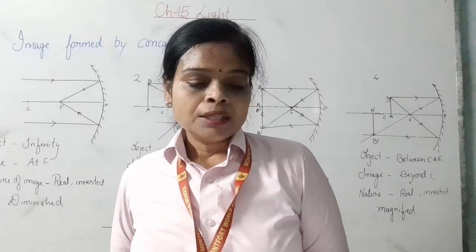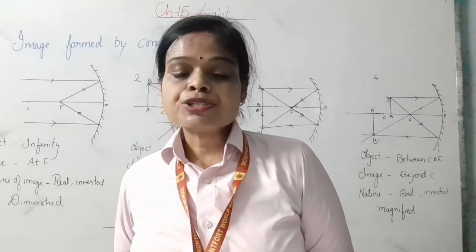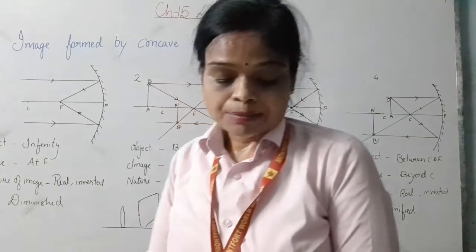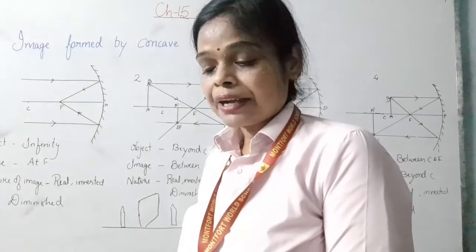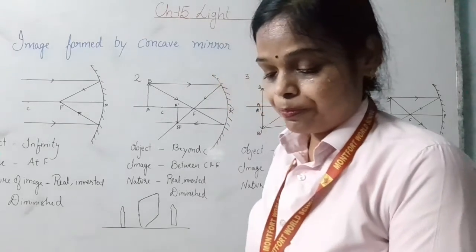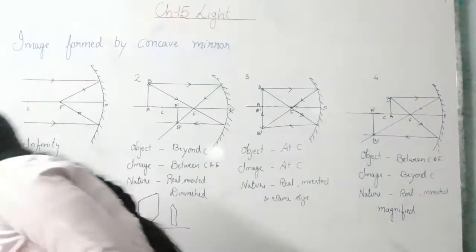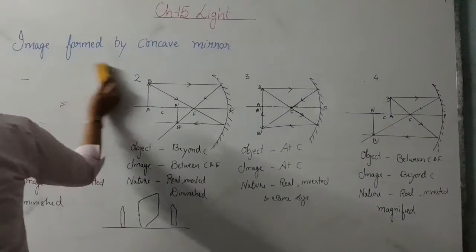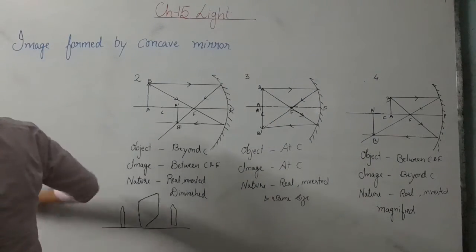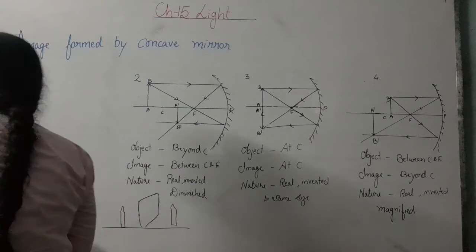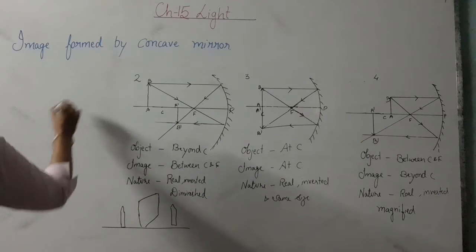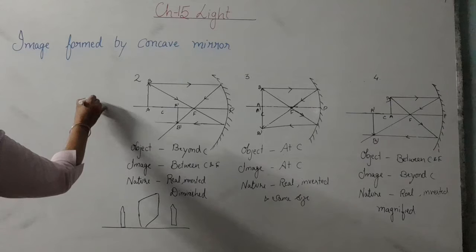With the help of a diagram, show dispersion of white light by a prism. So we can draw the diagram of dispersion of light through the prism. Prism is in the triangle shape.